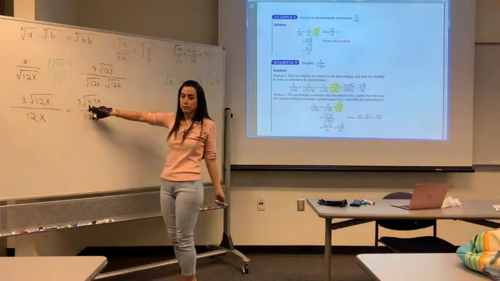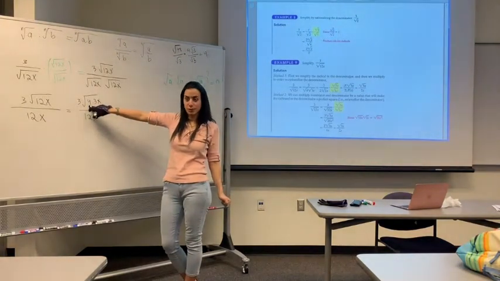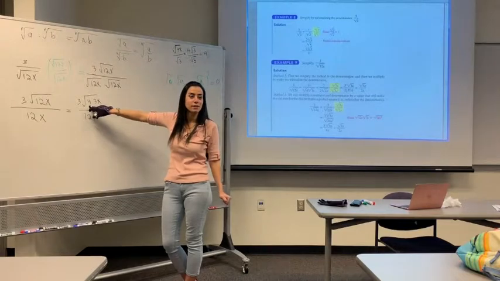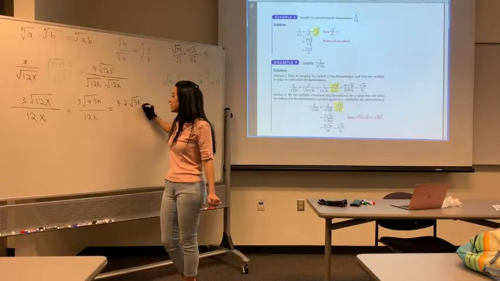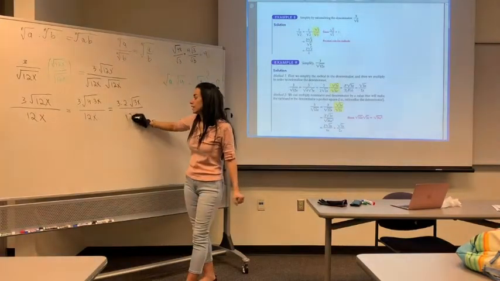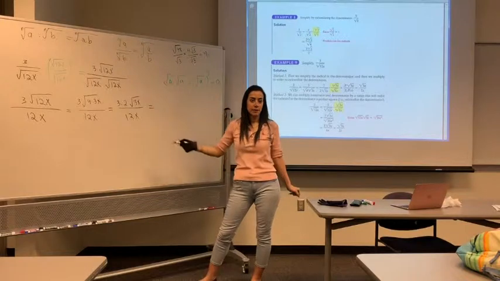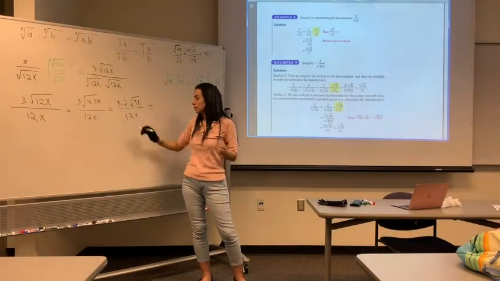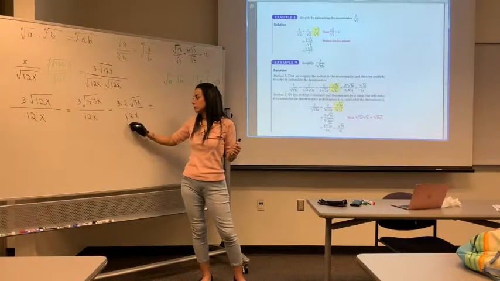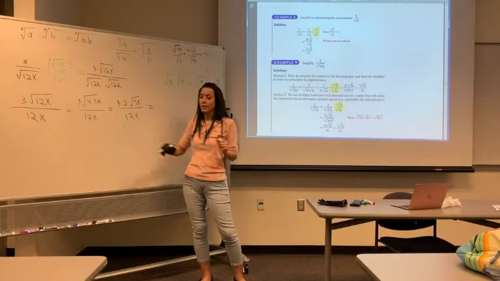So I can bring this 4 outside of the radical, because we know this is 2 multiplied by 2, correct? So 2 comes out, and 3x stays inside the radical. We have 12x. Definitely you see I can cancel this one and this one.